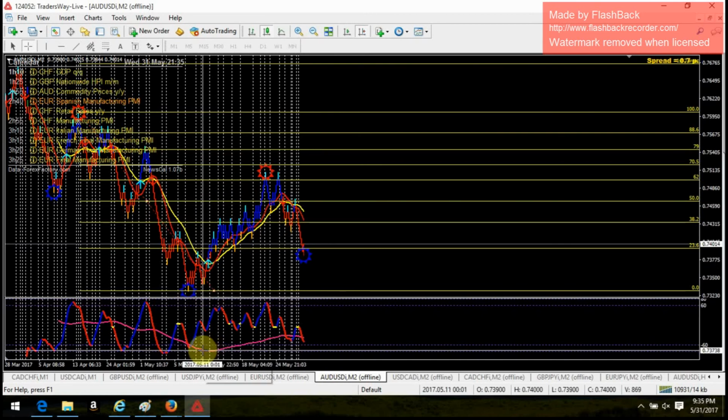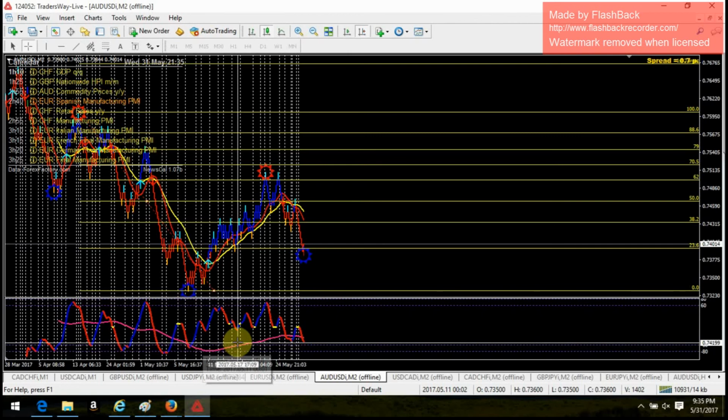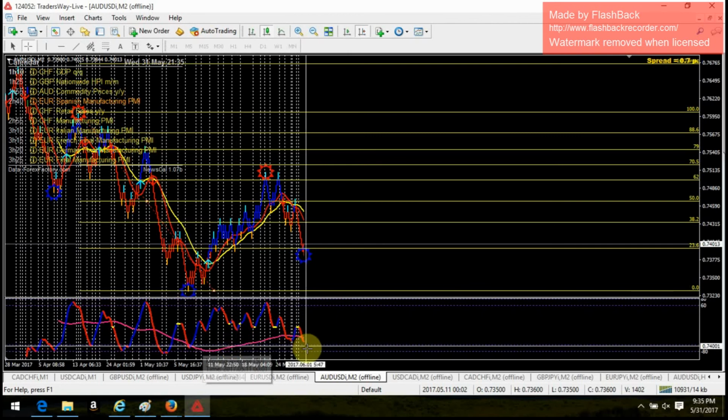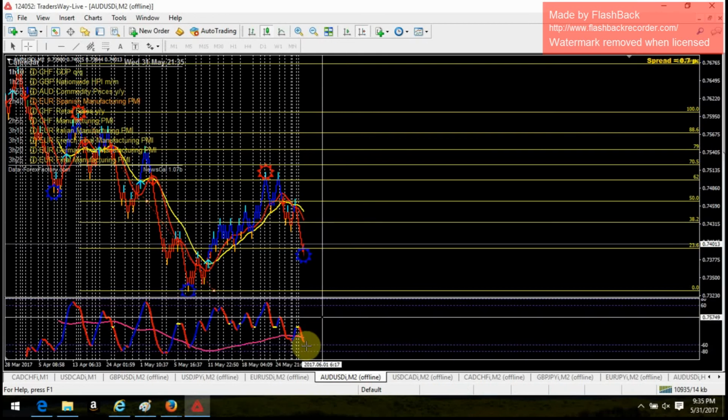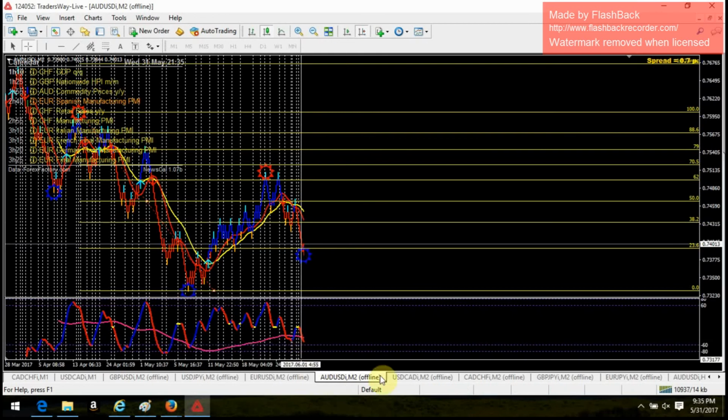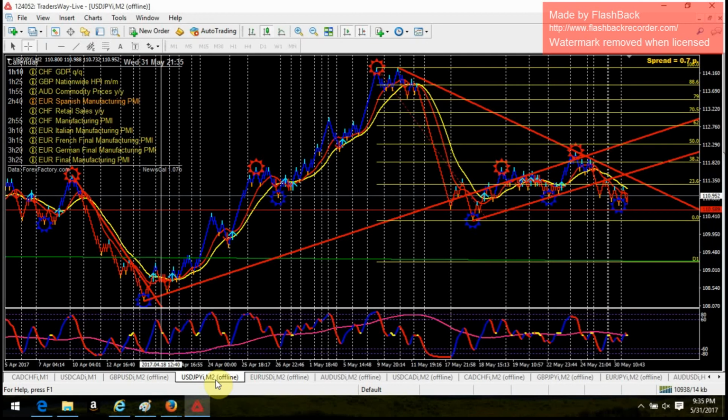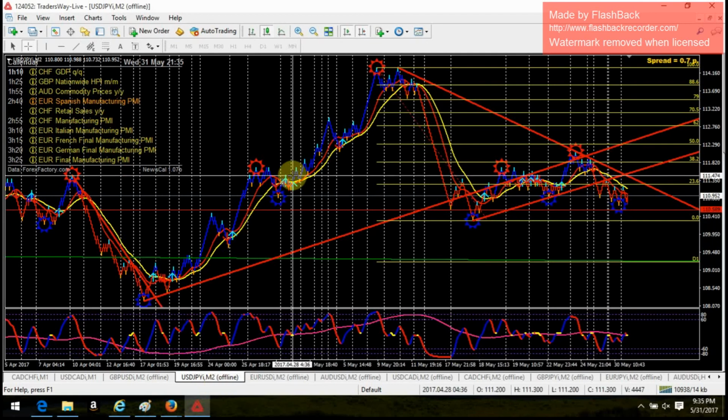And you can see here, this is another one. When it leaves, it's actually considered in an uptrend. Now, if this red comes back and touches that, you can bet your money on it. That's a buy point. It's actually one of the best buy points. So you can see what's happening on other pairs. Let me show you USD JPY.